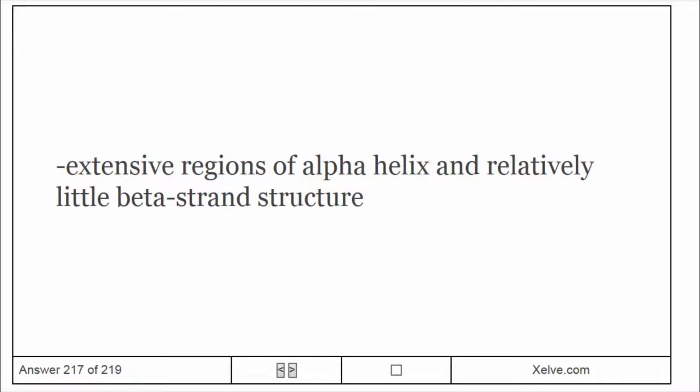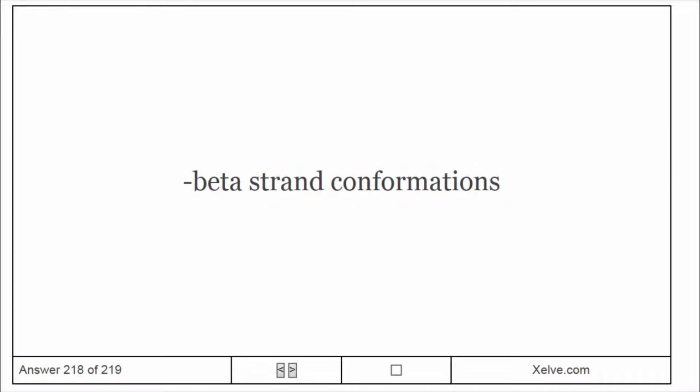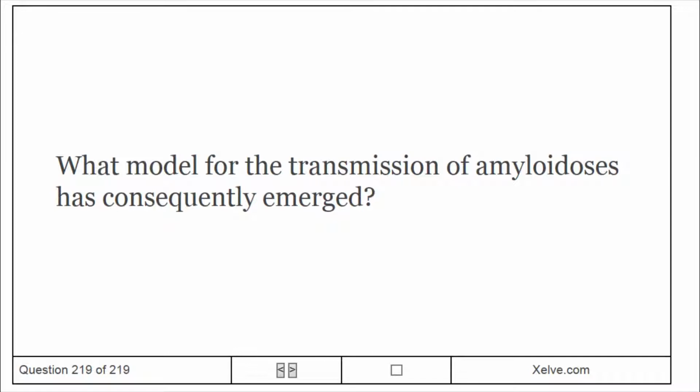What does the structure of the normal protein PrP contain? Extensive regions of alpha helix and relatively little beta strand structure. Within PrP-Sc, evidence indicates that some parts of the protein that had been in alpha helical or turn conformations may have been converted into beta strand conformations.